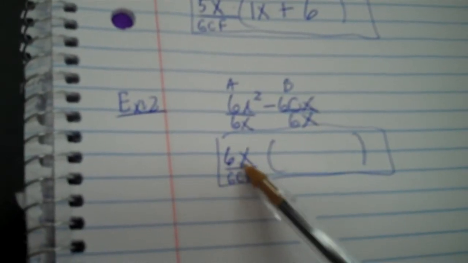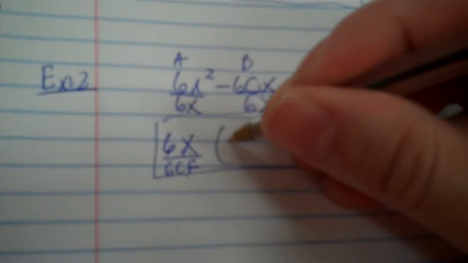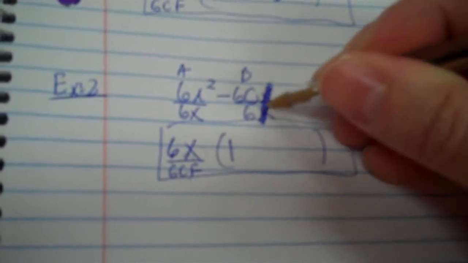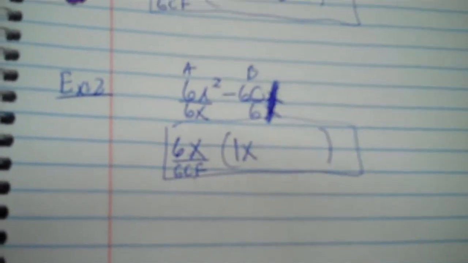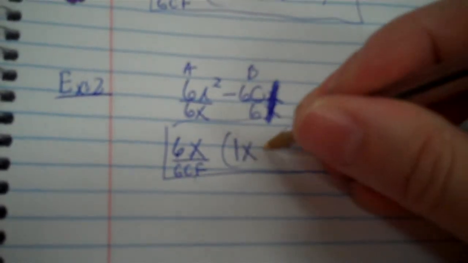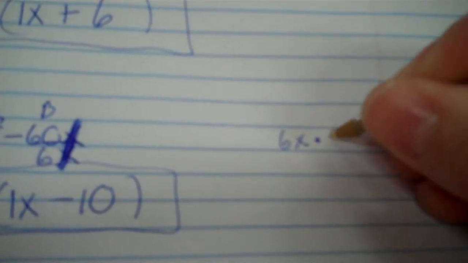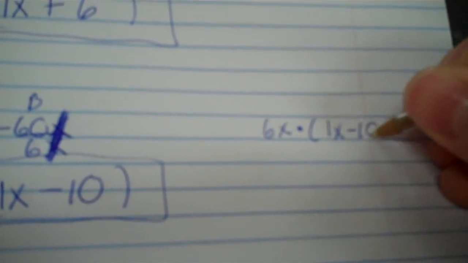Here I have 6x out here, so I underline both of them, and I divide both of these by 6x. So 6 divided by 6 is 1. And also you want to cross out those x's. X to the second divided by x is always x. And then 60 divided by 6 is 10. Okay? So that's the answer, 6x times 1x minus 10.